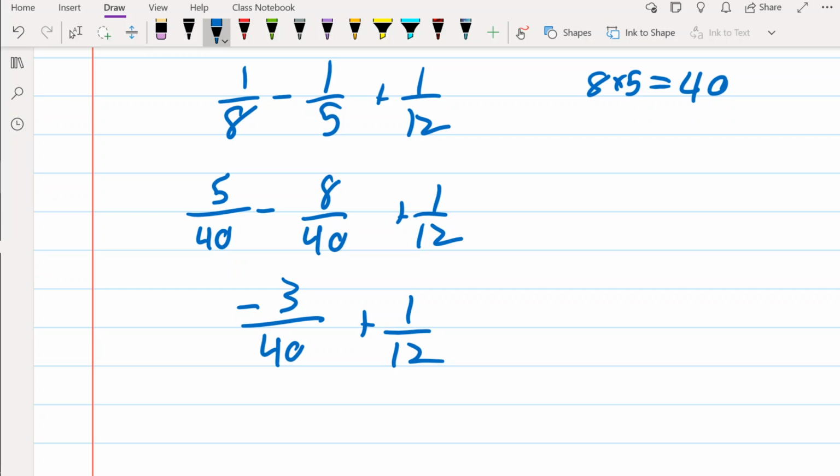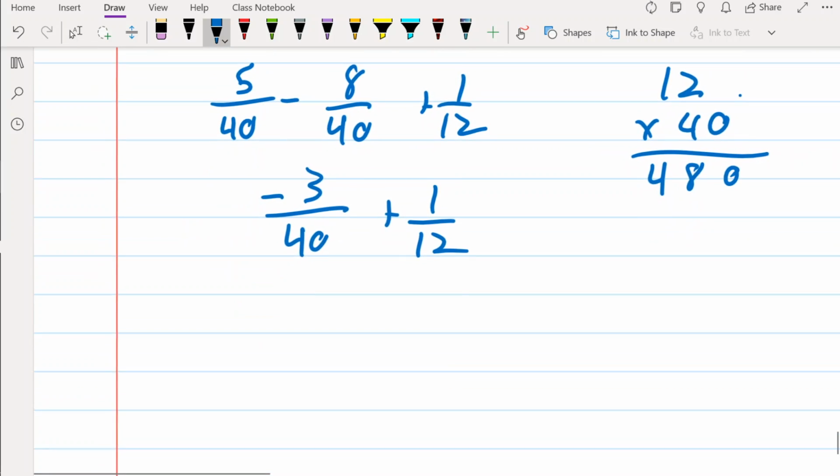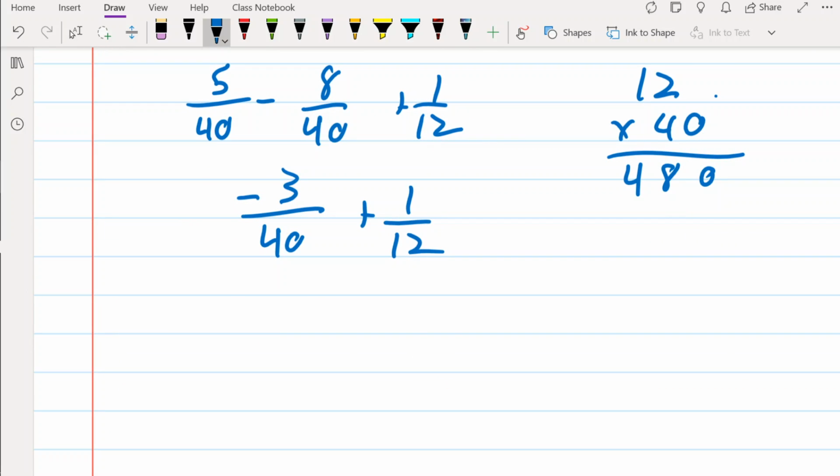Then we're going to take 3 times 12. The common denominator is going to be 480. There's probably a lower number, but this is just the easiest. We can simplify after.